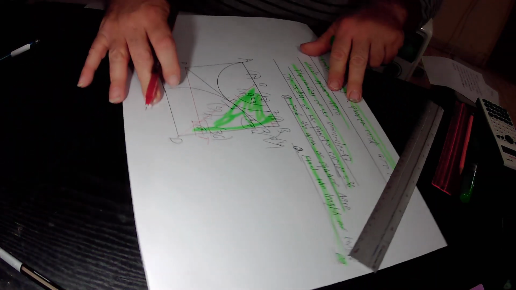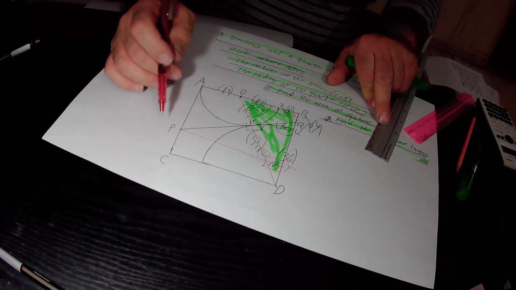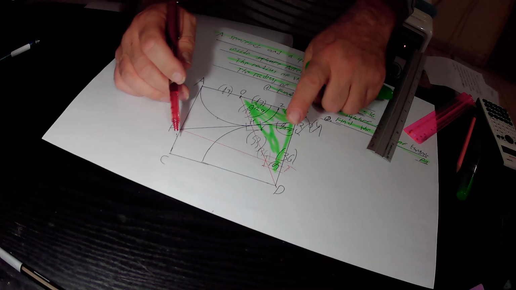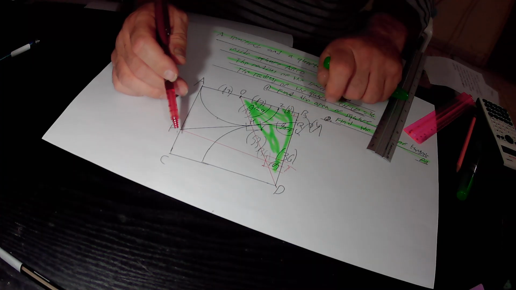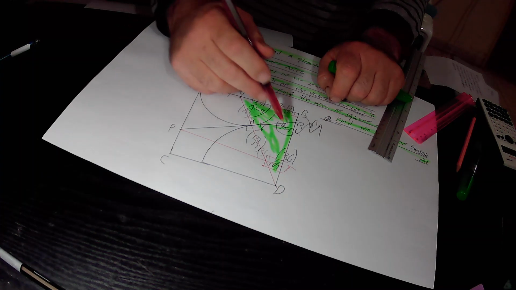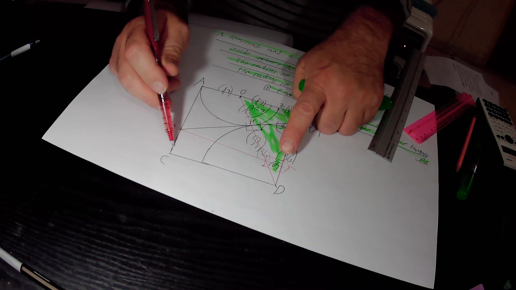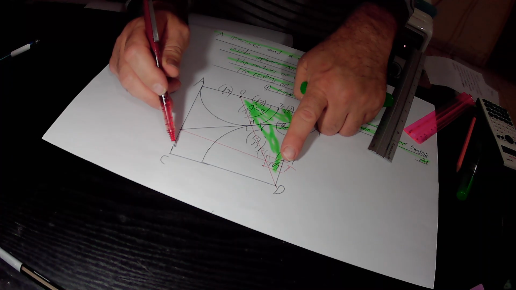By doing this construction, we get the small quadrilateral PTDC. Inside this small quadrilateral, those two angles are both right angles. Why? Because they are two angles inside the big square ABCD, and the angles inside any square are right angles. So those two angles are both right angles.